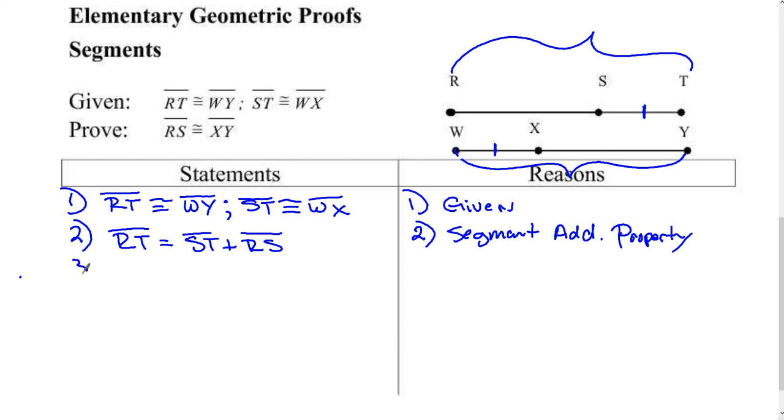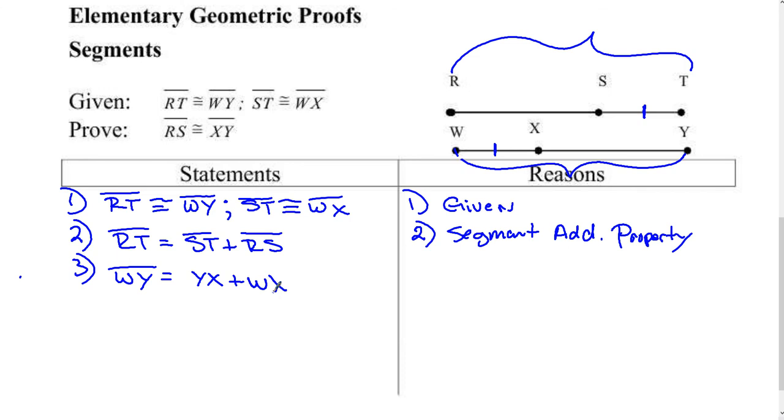Okay, what else do we know? For line 3, I'm going to do the same thing for the other line. So I'm going to say that WY equals XY plus WX.